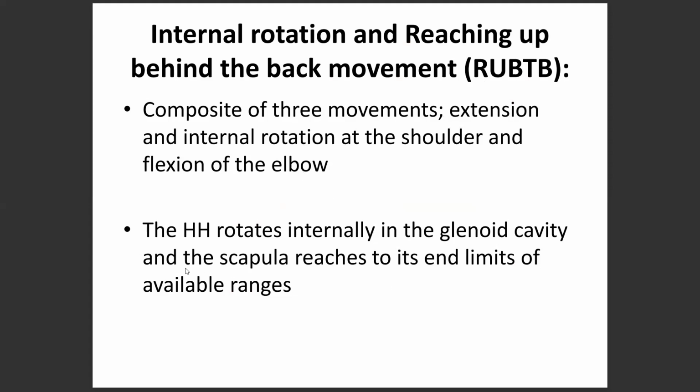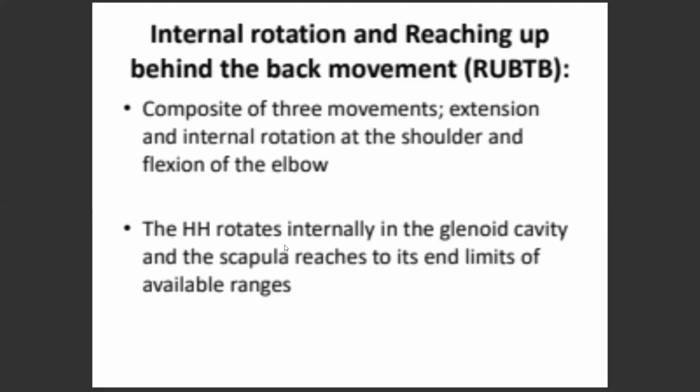Here we can see extension. This is extension because to reach to the back, we need the extension of the shoulder, as well as internal rotation, obviously, and then we need the elbow flexion to reach up the back.